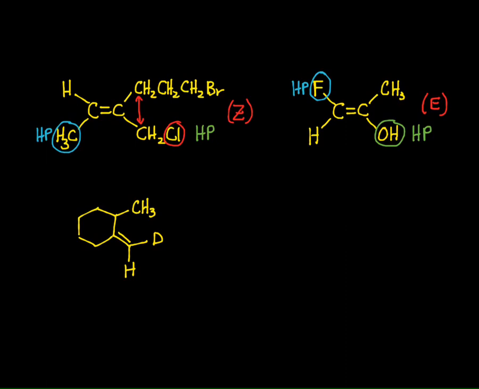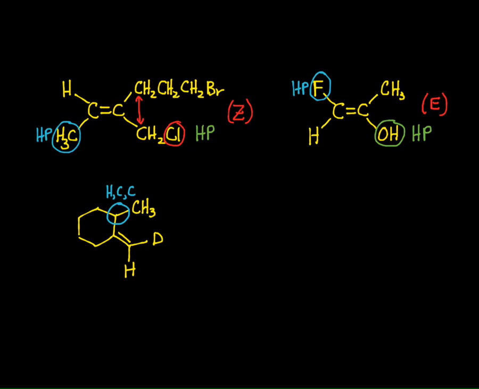So here I have a situation where the carbon on my left-hand side, how do I prioritize the substituents coming off? Well, notice the substituent at the top is a carbon, and the substituent on the bottom is a carbon. Well, I go to the first point of difference.